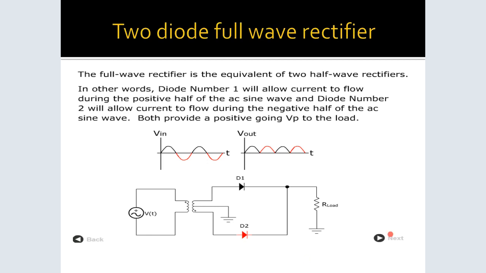As we come down, diode 1 conducts, then diode 2, diode 1, diode 2, and the process continues, and we get an output voltage that is similar to this.